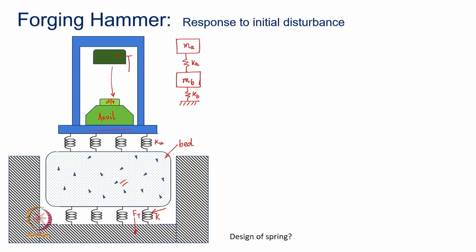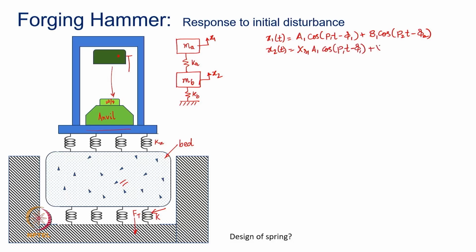Okay, now having seen the model to be like this, we can again assume this to be x1 and x2, and then we can also write the response as we have discussed earlier, that the general response will be x1(t) = A1 cos(p1 t - phi 1) + B1 cos(p2 t - phi 2), then x2(t) will be XR1 A1 cos(p1 t - phi 1) plus XR2 B1 cos(p2 t - phi 2).